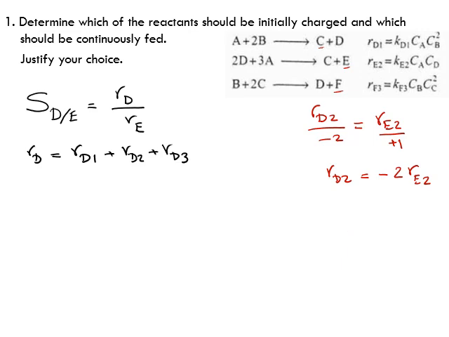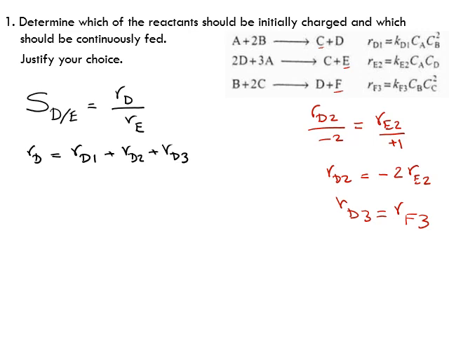Okay, what about RD3? Well, that's quite simple. Let's look at the third reaction. It simply shows that RD3 simply equals RF3. Okay, very good. So let's go and write the equation for RD.